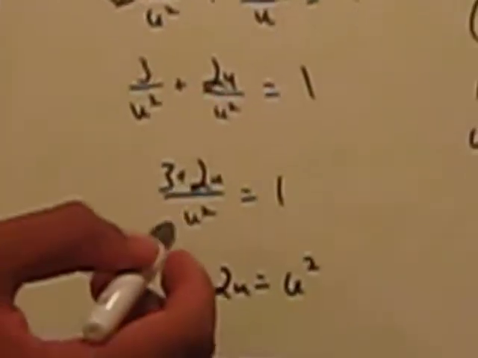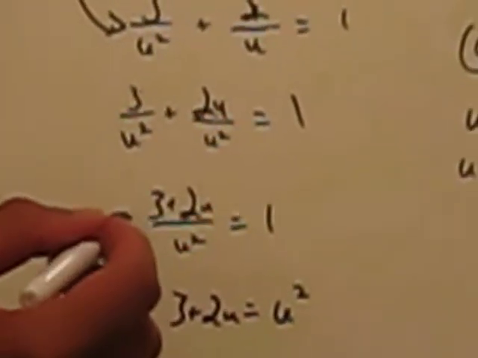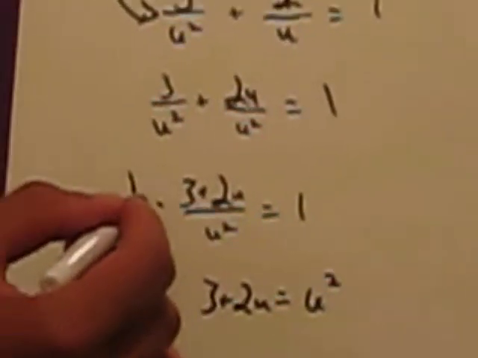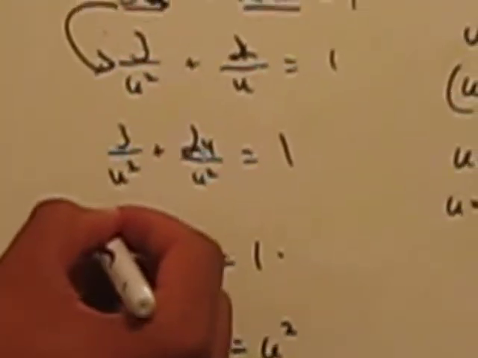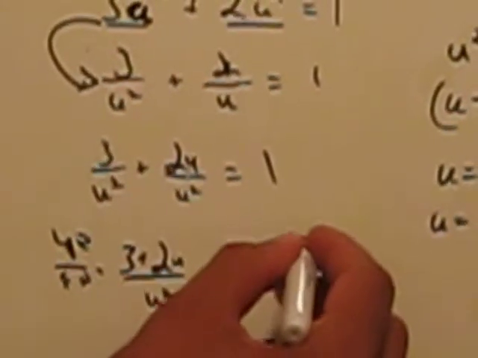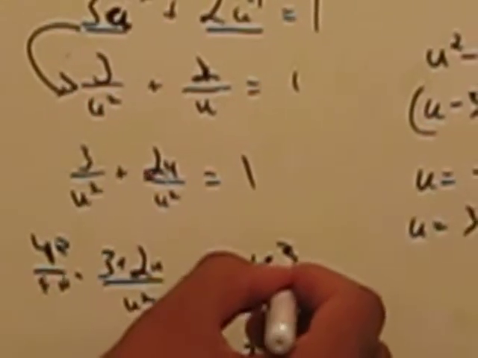And then you multiply by u squared over u squared on both sides, so that you're multiplying by 1.